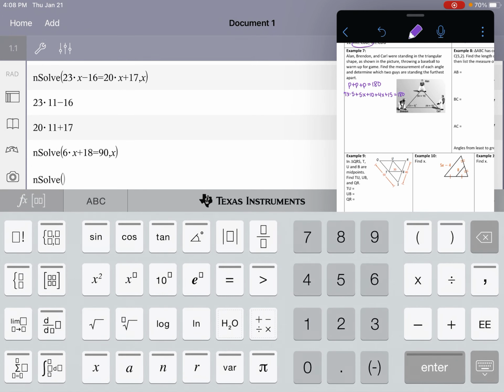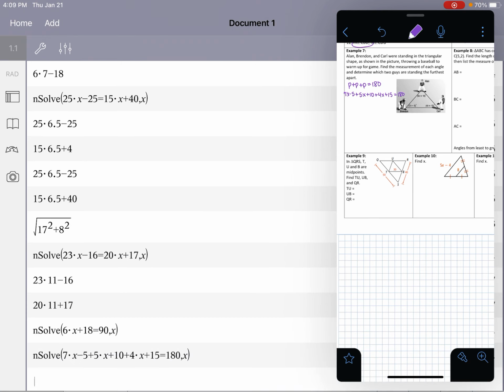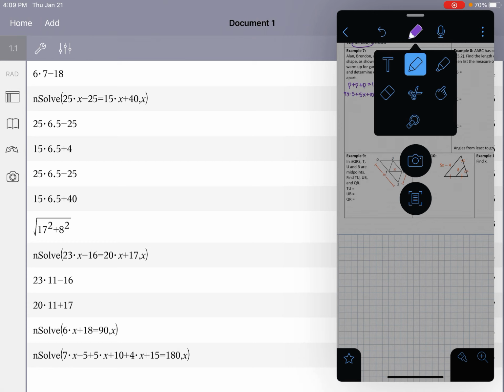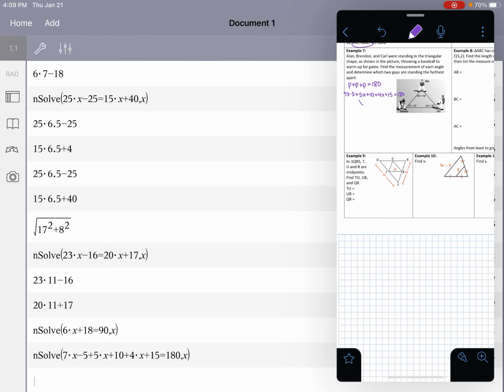Since I'm solving an equation, I need to have nSolve. 7x minus 5 plus 5x plus 10 plus 4x plus 15 equals 180, comma, x. Okay, and what do we get? Okay, so that would be x equals 10.